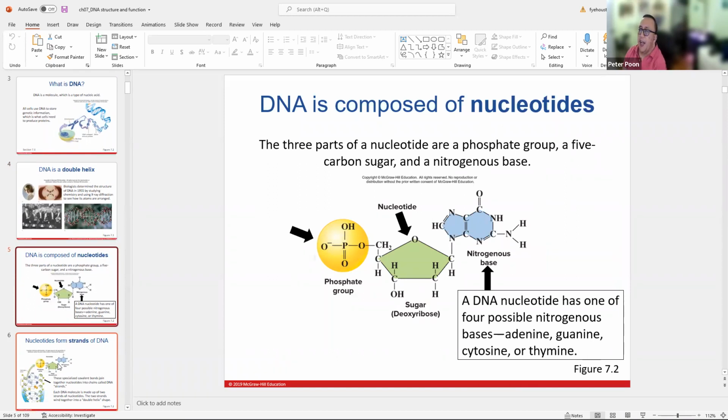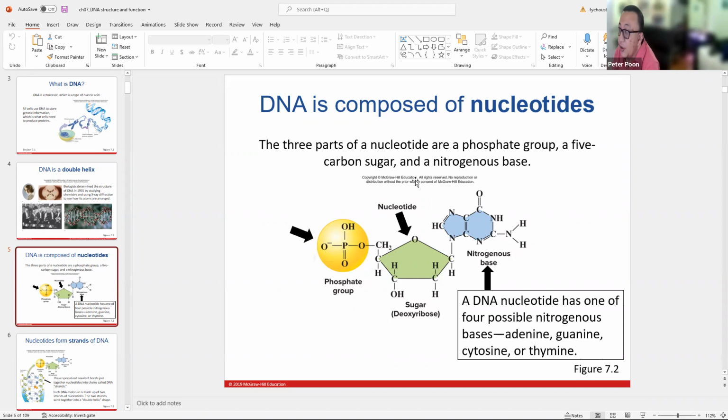DNA is composed of nucleotides. So this is a nucleotide. The nucleotide has three parts. It has a phosphate group and a deoxyribose, which is the D in DNA.